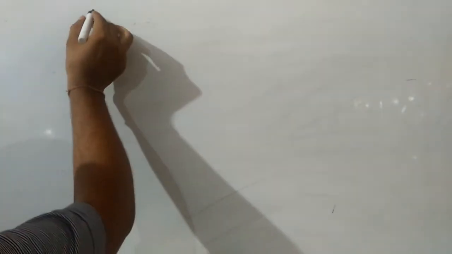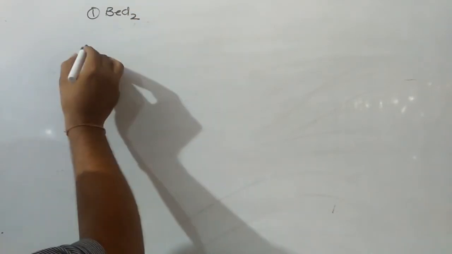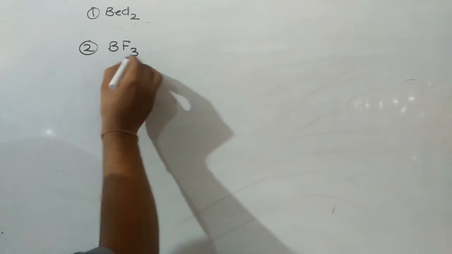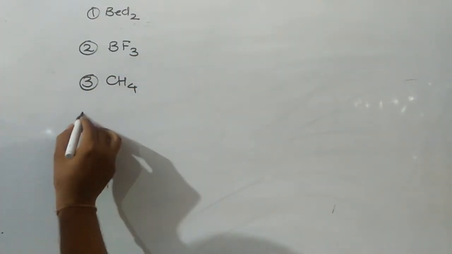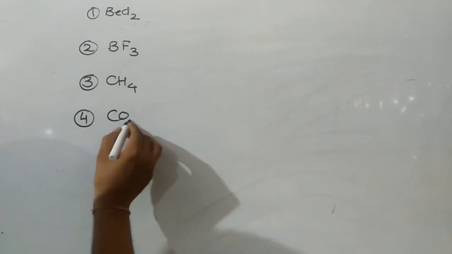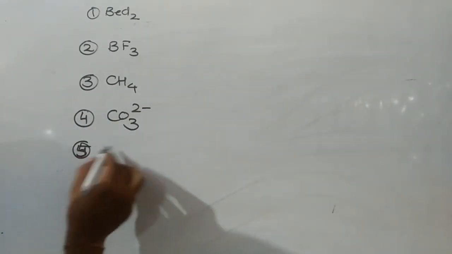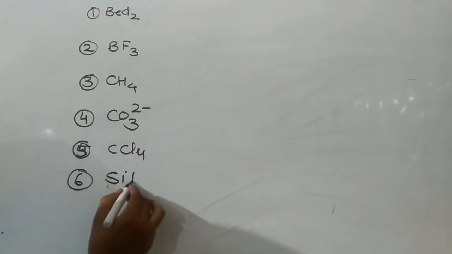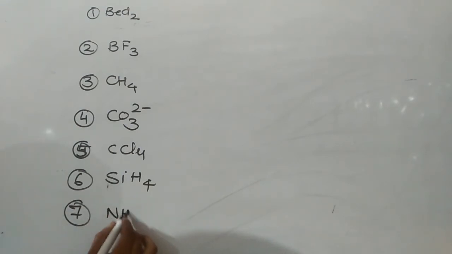The first molecule is BeCl2. Already we have discussed it; now we have to discuss hybridization also. Next is BF3. Next is CH4. Next one is CO3 2 negative. Next one is CCl4. Next molecule is SiH4. Next is NH3. Next one is NH4 positive.